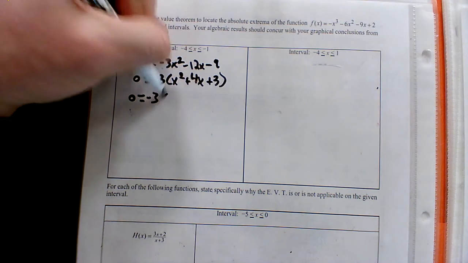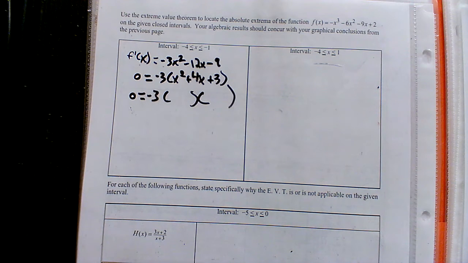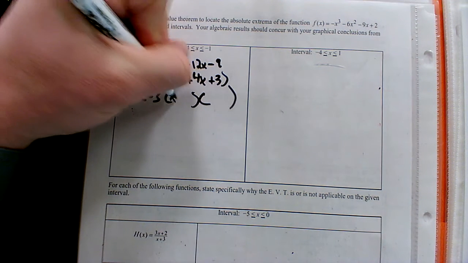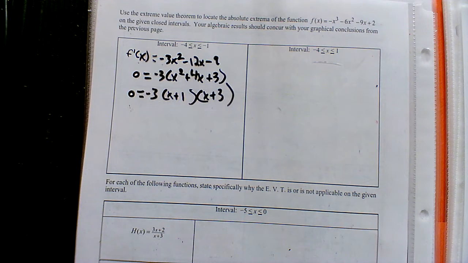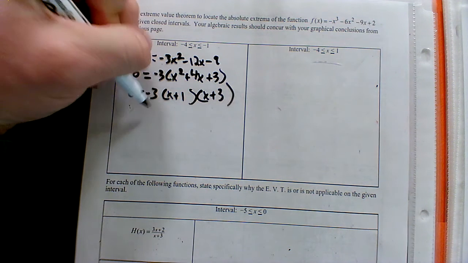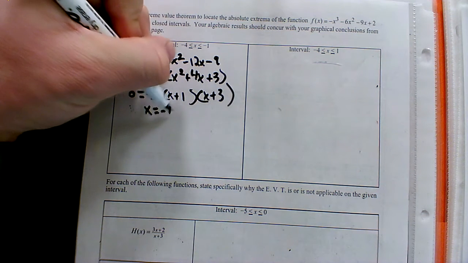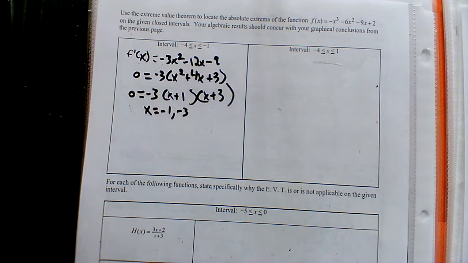Will this factor? Or are we going to have to use the quadratic formula? Yes, it does factor. Okay, so that's nice. Again, this is just from the last unit. We're finding our critical points when the derivative is equal to 0. So we know at x equals -1 and -3 we have critical points.